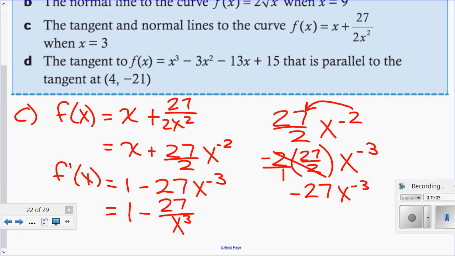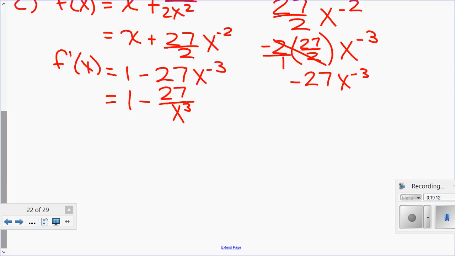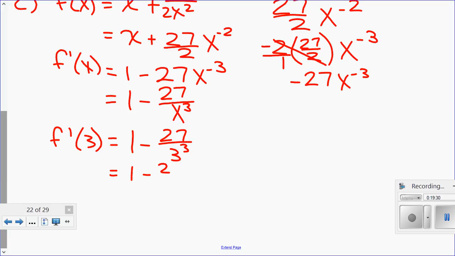And for C, I am at the point when x is 3. So I need to find the slope when x is 3. So I am going to take the derivative at 3. My x value is 3. So that is going to be 1 minus 27 over 27, which is 1 minus 1.